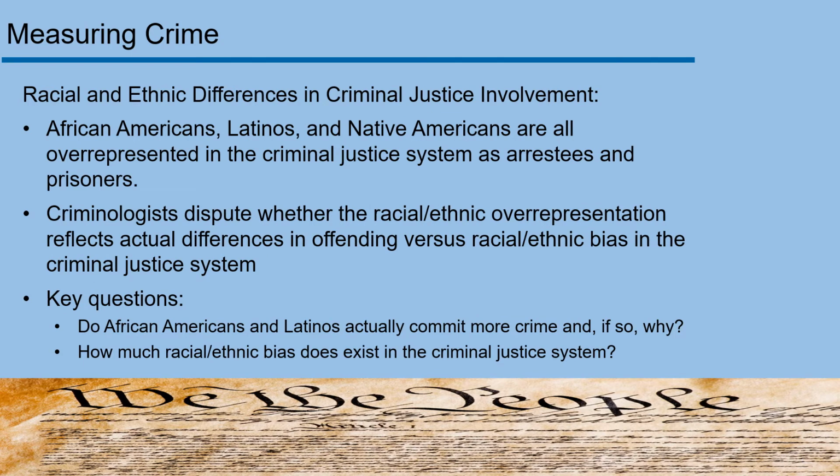All right, as we get to the end of the section on measuring crime, the book delves into the differences in rates of involvement in the criminal justice system along racial, ethnic, gender, and age lines. It's long been known that young males of all racial and ethnic groups tend to have the highest rates of involvement in the criminal justice system and tend to commit the most crimes.